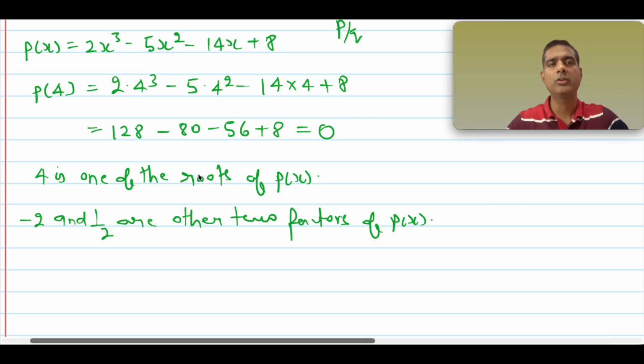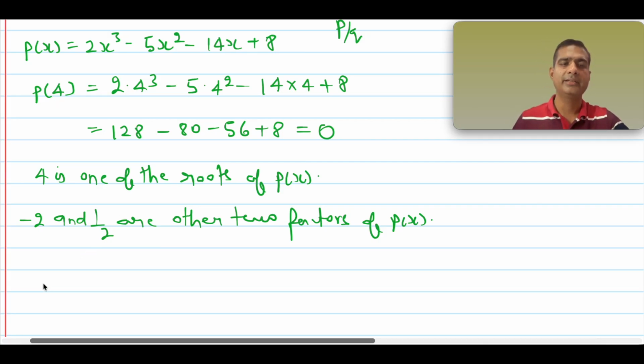Now we can think of, is there any relationship like the quadratic polynomial? So in quadratic polynomial, we found out the sum of the roots and tried to find out the relationship with their coefficients, and we found out the product of the roots, and then we found out the relationship between the coefficients and the roots.